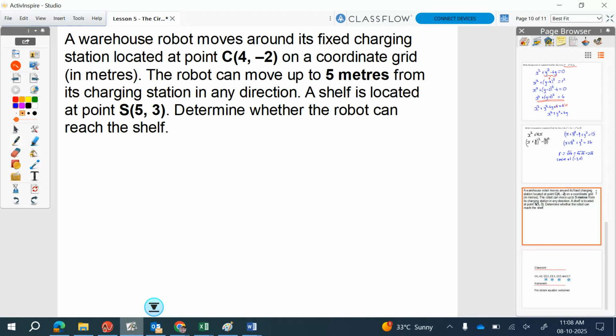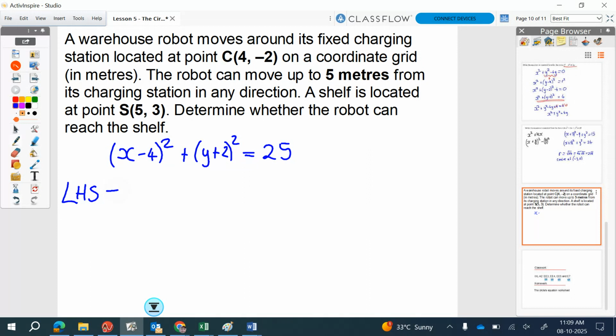So this type of question, you can have multiple ways of solving it. I'm going to make a circle equation for us. So x minus 4 squared plus y plus 2 squared has to equal 25. To reason whether it can reach the shelf or not, I'm going to do a left-hand side, right-hand side proof.